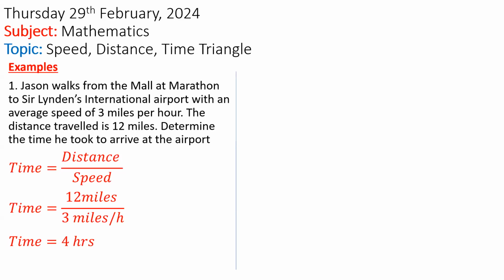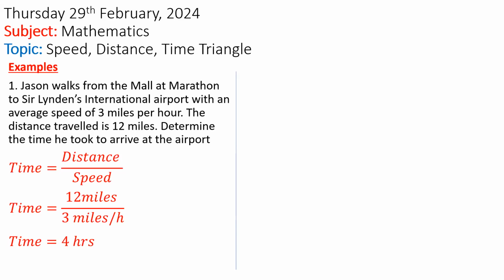The question says Jason walks from the mall at Marathon to St. Lyndon's International Airport with an average speed of 3 miles per hour. The distance traveled is 12 miles. Determine the time he took to arrive at the airport. Look at the question, it gives us the average speed of 3 miles per hour, and the distance traveled is 12 miles.